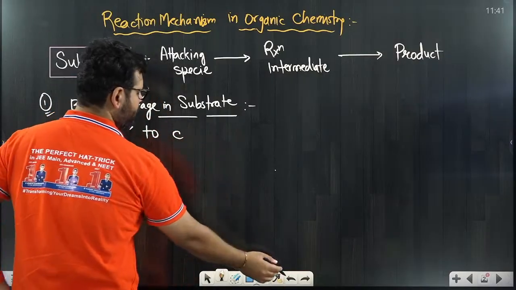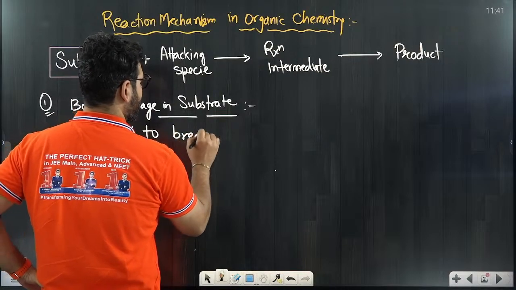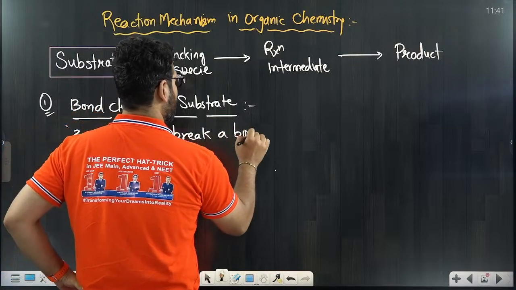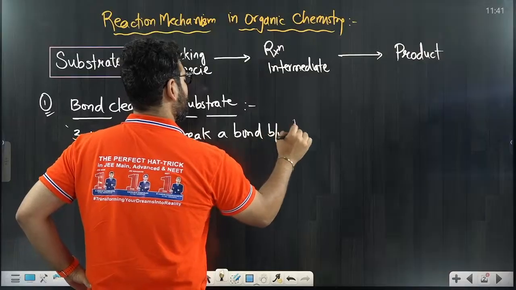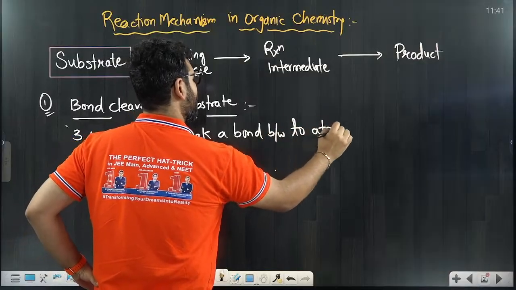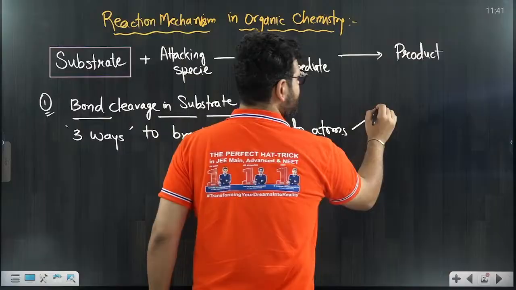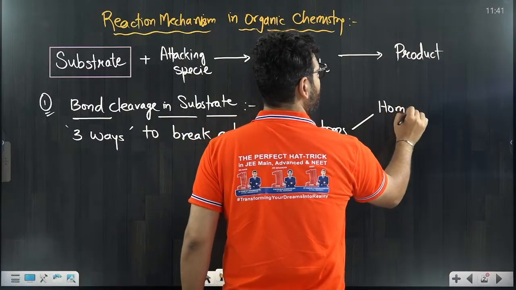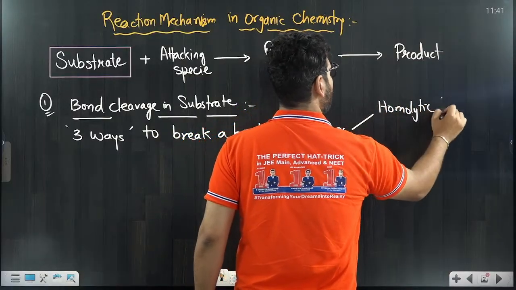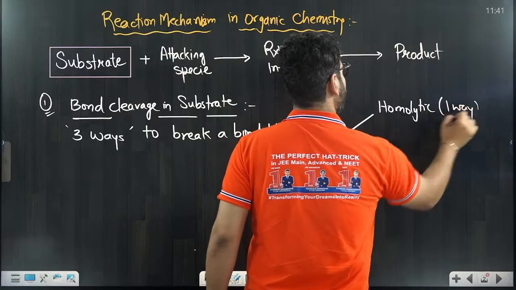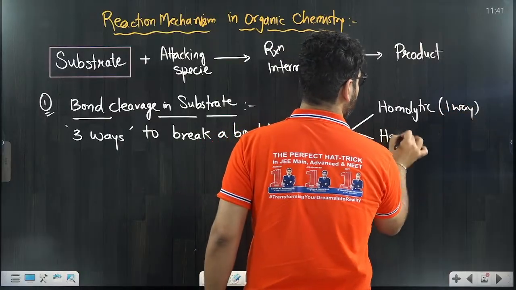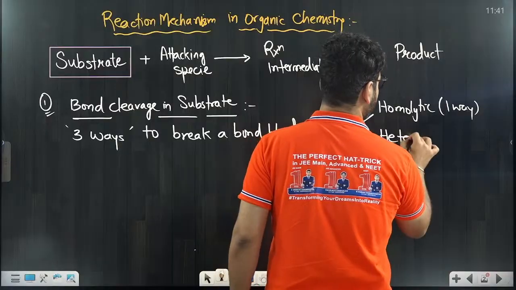There are 3 ways to break a bond between 2 atoms. One way is homolytic, and the other is heterolytic, where there are 2 ways of heterolytic.